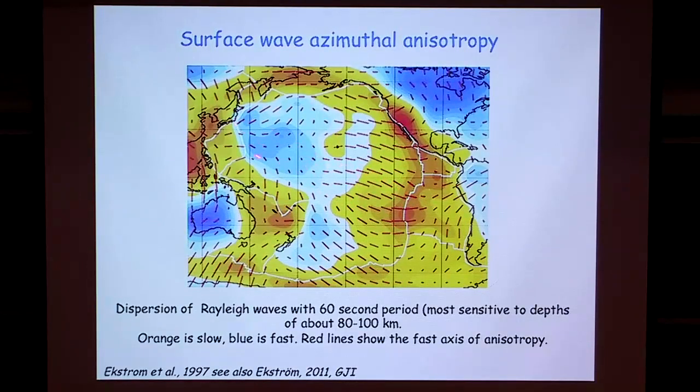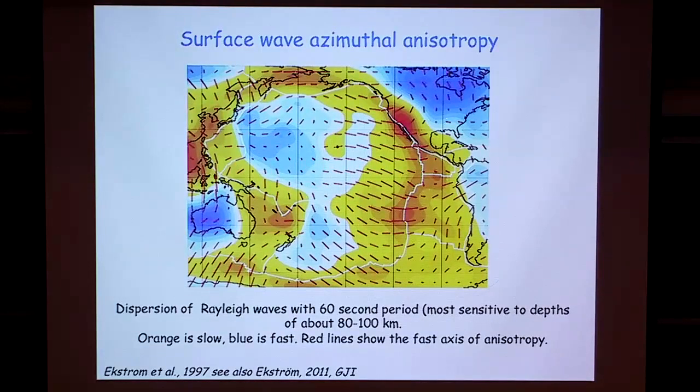And then as you get into the older part of the plate, you lose this. Remember, at 60-second period, you're sensitive to a particular depth range. And this can be interpreted as in this part here, you're sensitive to the asthenosphere because the lithosphere is very thin. But as you go to older ages, what you're seeing is a signal coming from the lithosphere.